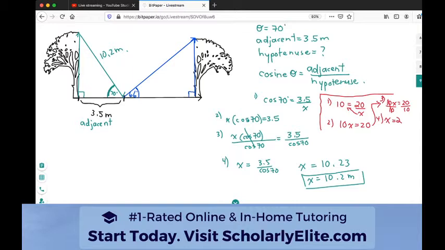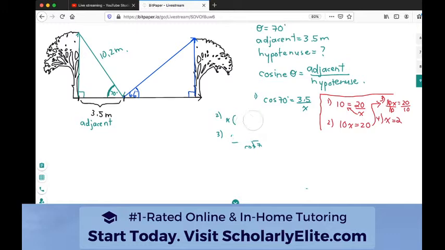Alrighty, so we're going to erase that and go ahead onto the next part. So we solved for the length of the ladder. We know that it's 10.2.